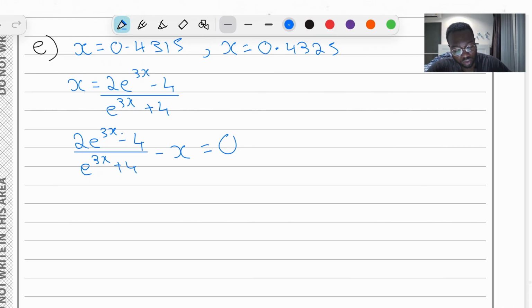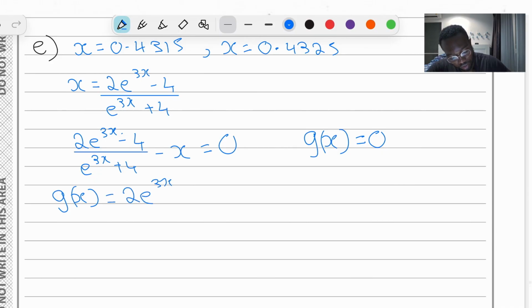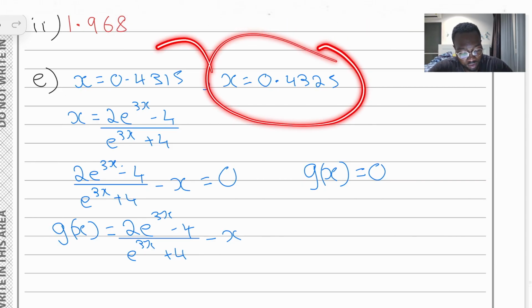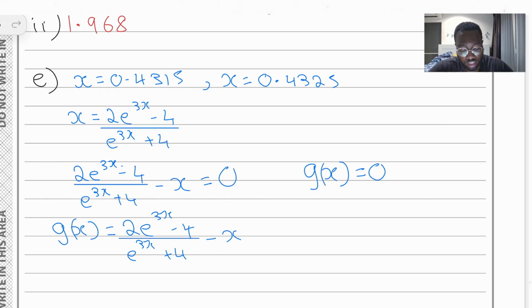Effectively, if it's a root, let's just say that g of x is equal to 0. Therefore g of x is equal to (2e^(3x) - 4) over (e^(3x) + 4) minus x. Now we've got this form, and as I stated earlier, if we want to show alpha is 0.432 to 3 decimal places, we just need to put in both these values for x, and we should get a change of sign.